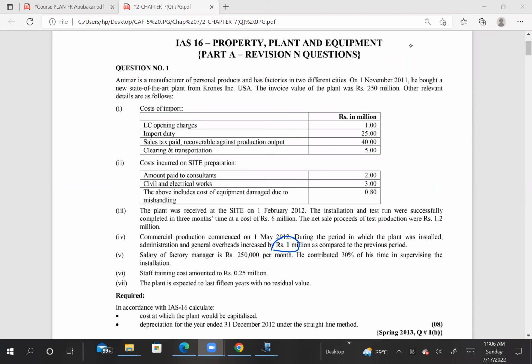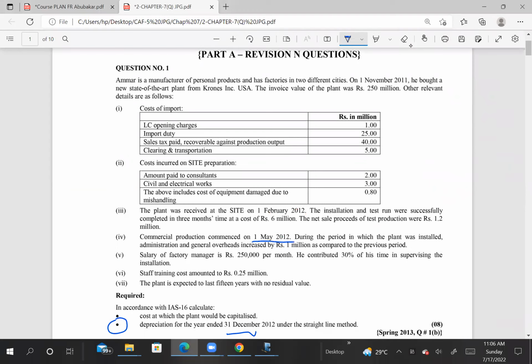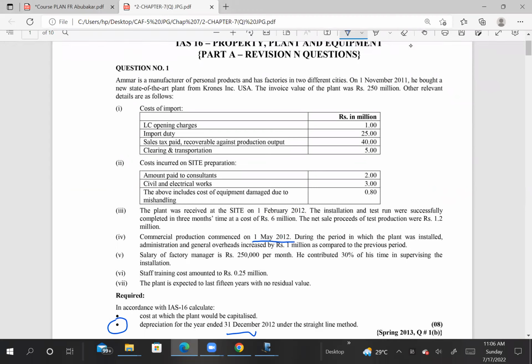So the second part is depreciation. What will be the depreciation for the year ended 31st December? This plant started production on 1st May 2012 and year end is 31st December.